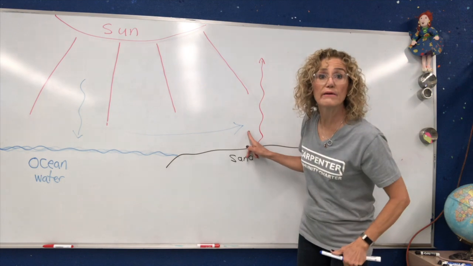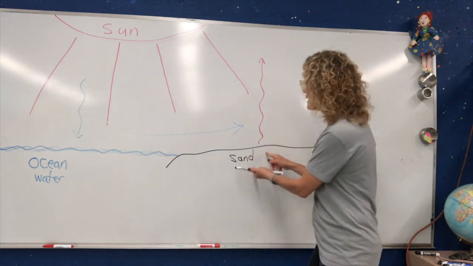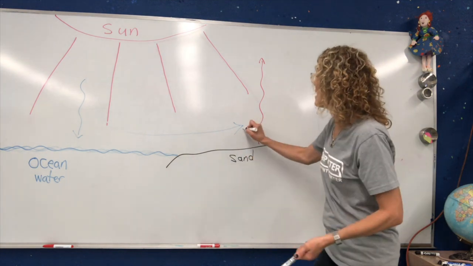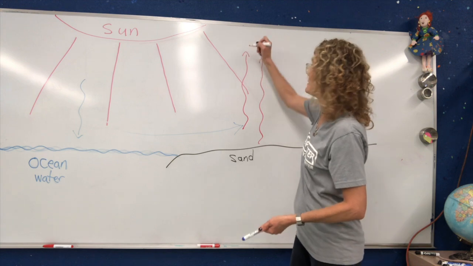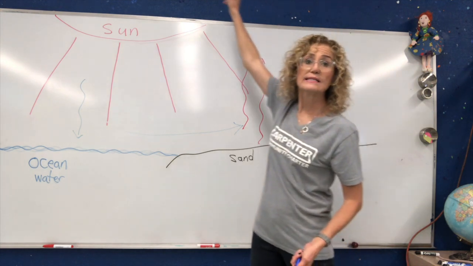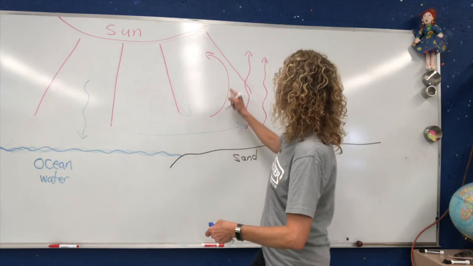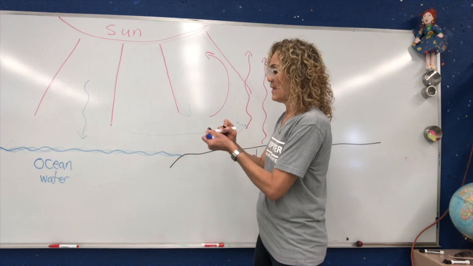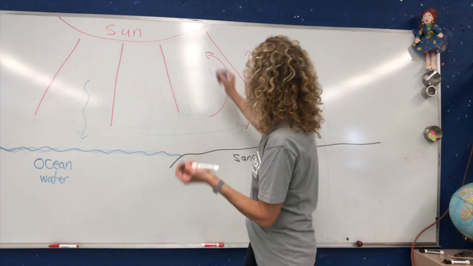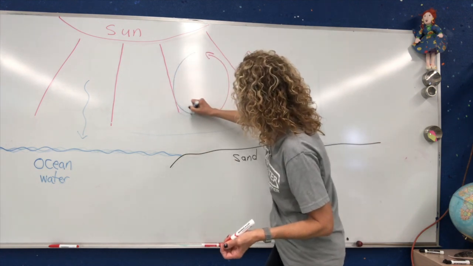Now, when the cold air gets here, it starts to get heated up by the sand, and then it starts to rise. When that air gets higher in the atmosphere, it starts to cool down and it sinks again. So the hot air rises and the cold air sinks.